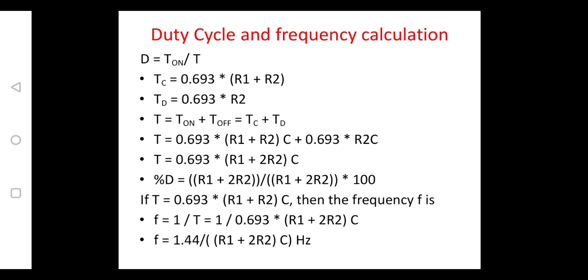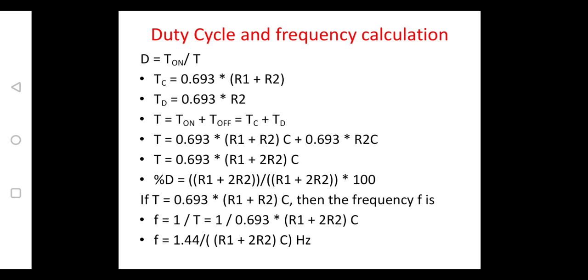Similarly, as we know that time and frequency are inversely related, the time period is equivalent to 0.693 into (R1 plus 2R2) into C, and frequency is 1 by T, which is equivalent to 1.4 by (R1 plus 2R2) into C. This is how to calculate the duty cycle as well as the frequency of an astable multivibrator.